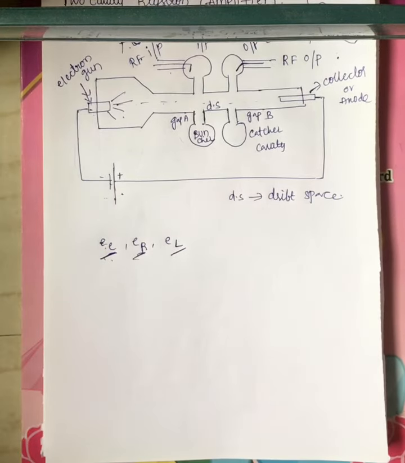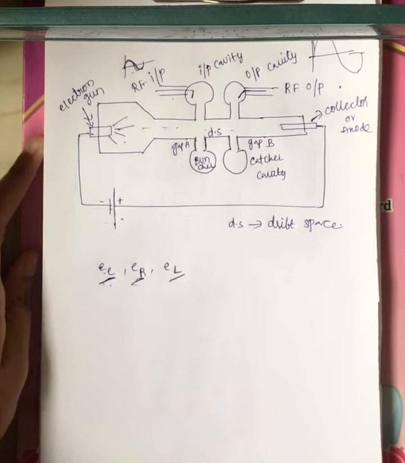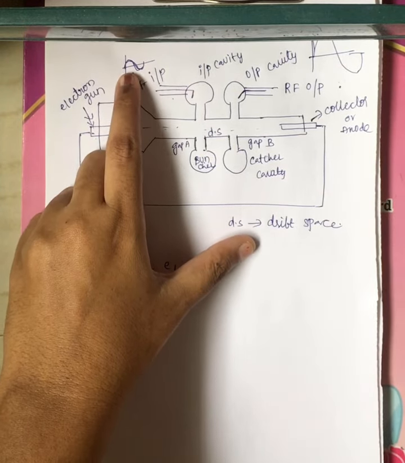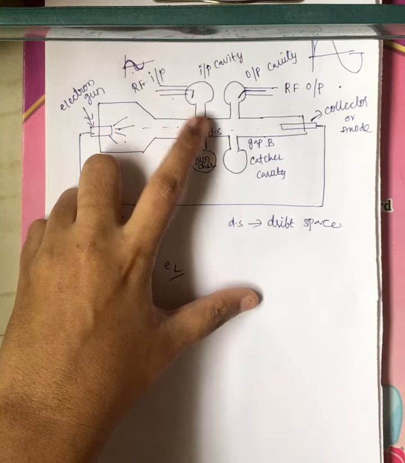As I have said, among that beam of electrons, let us consider three electrons: early electron, reference electron and late electron. Whatever signal we want to amplify is given as input through the input cavity. We give this weak RF signal through the input cavity.